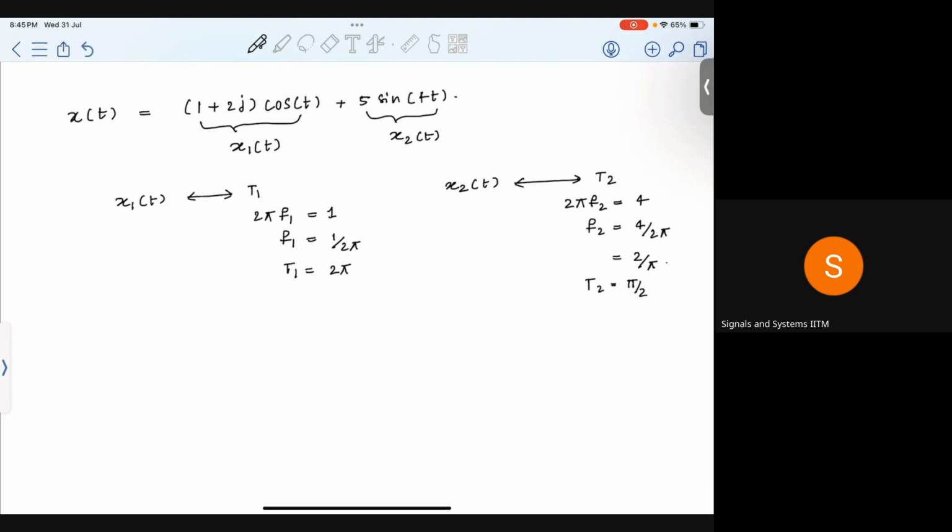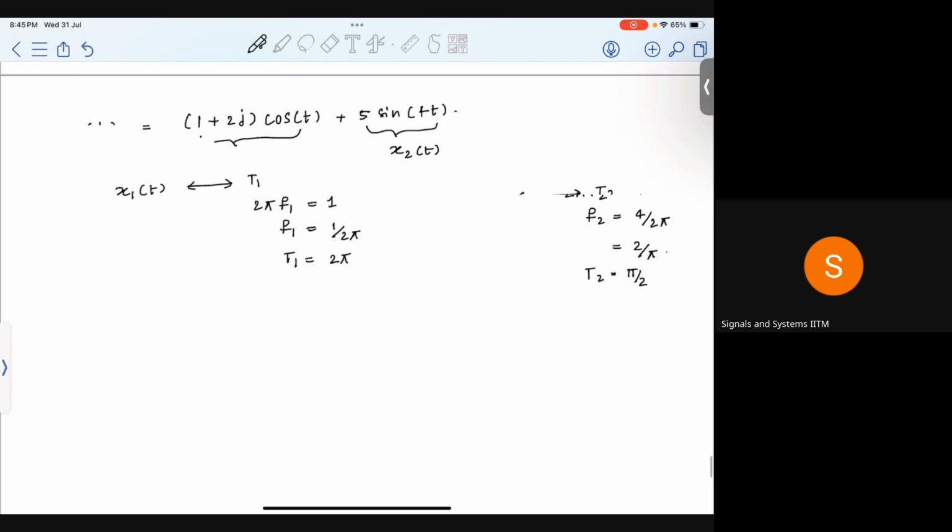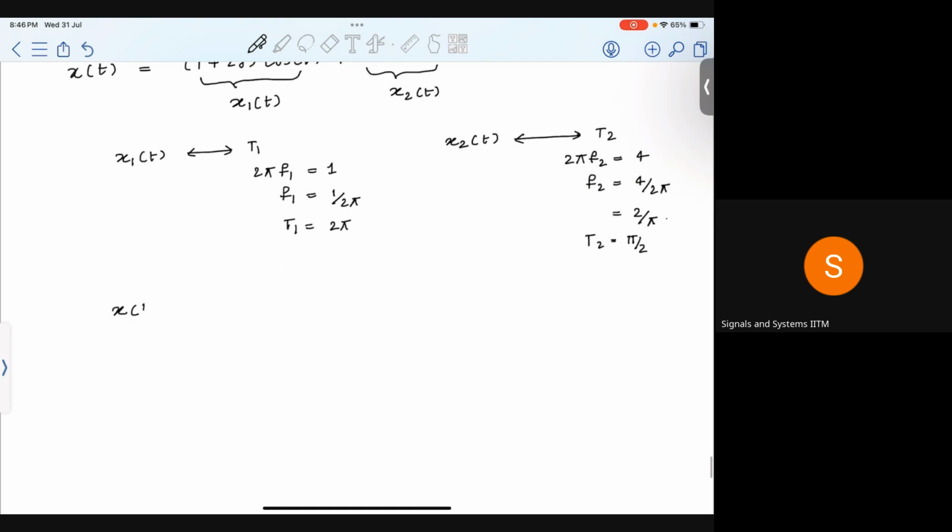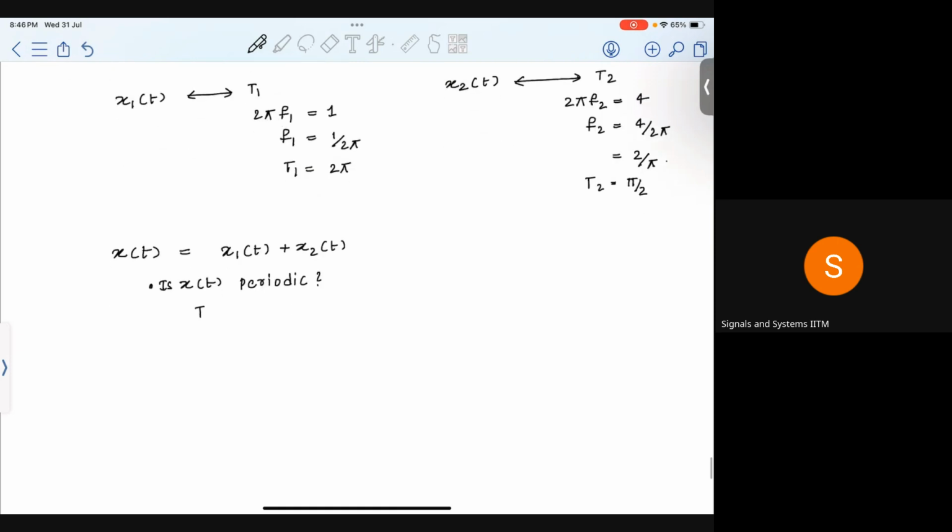Now, how do we find the whole period? We already did this in our earlier session. Suppose a signal is a sum of two periodic signals, the first question we ask is, is x of t periodic? How do we answer this? We try to find the fraction T1 by T2.